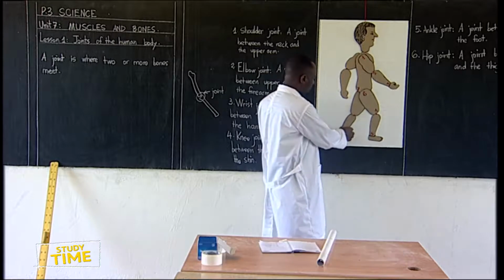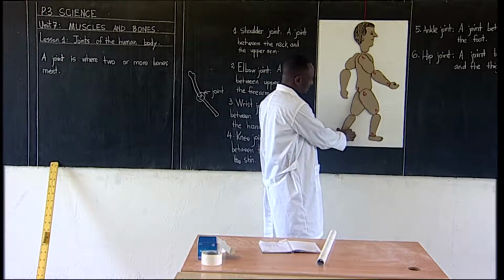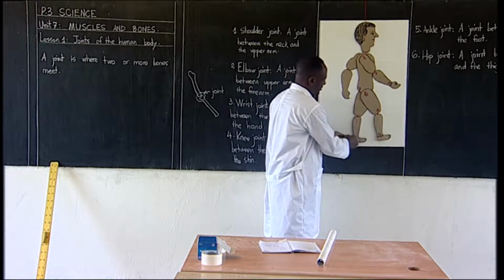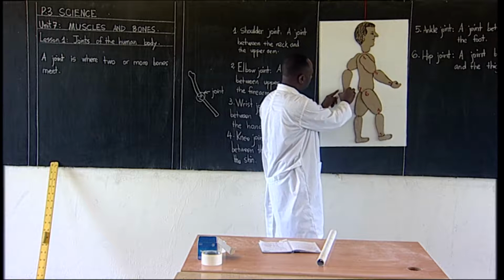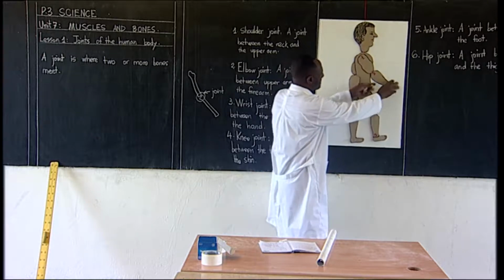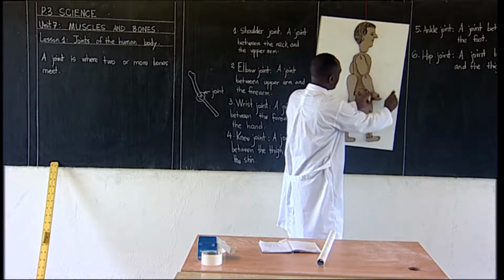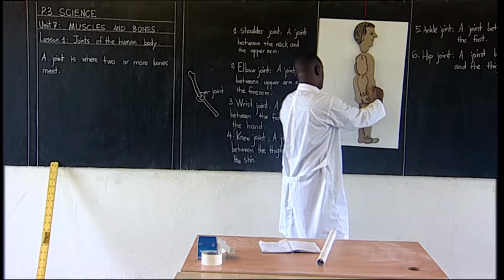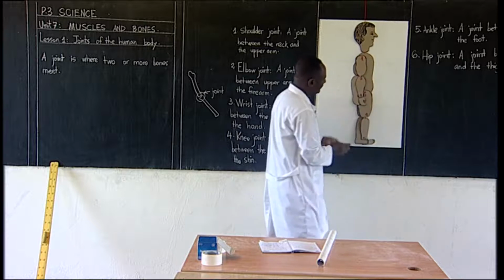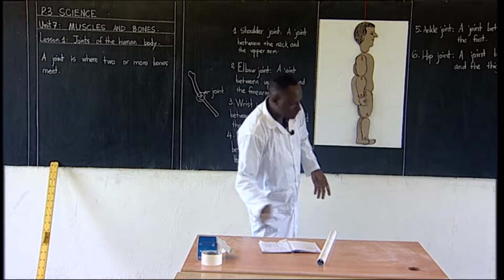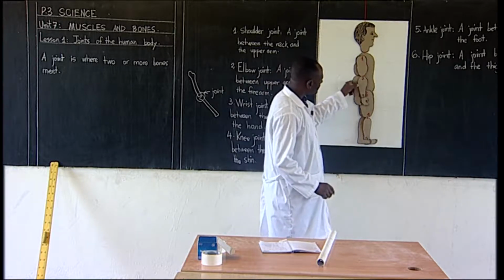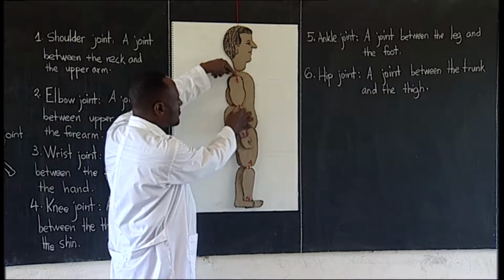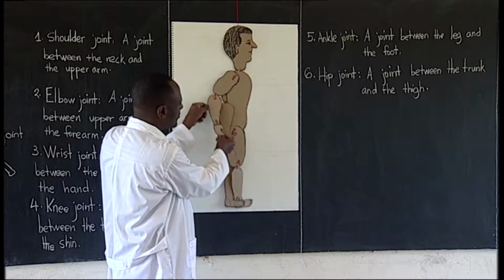For example, you can see if I try to remove this, this joint here helps us to move the arm.